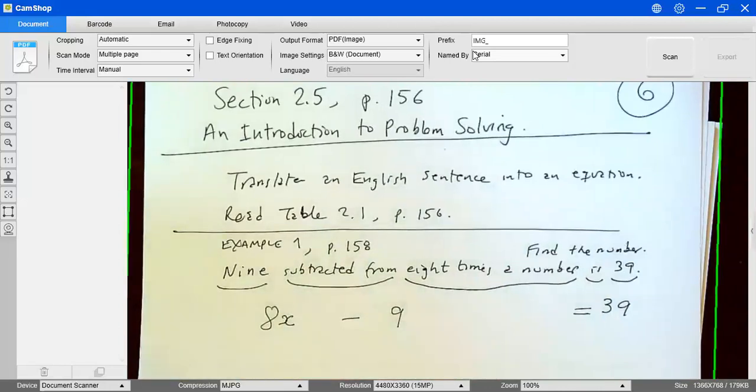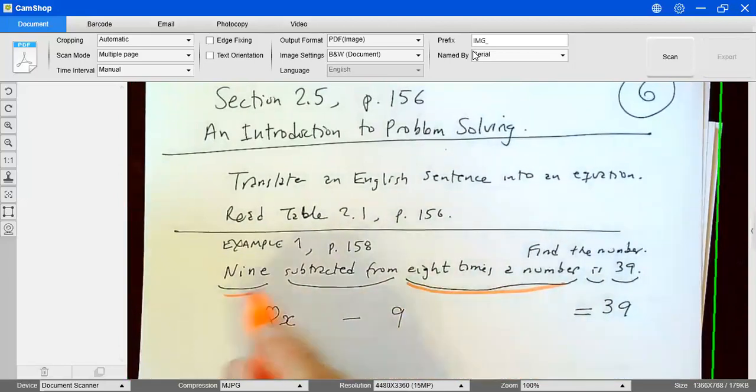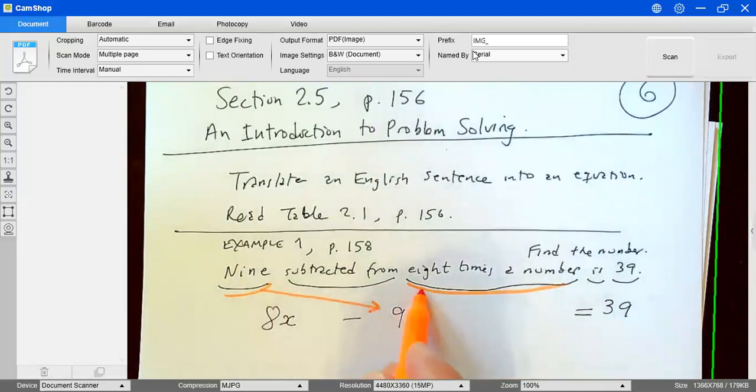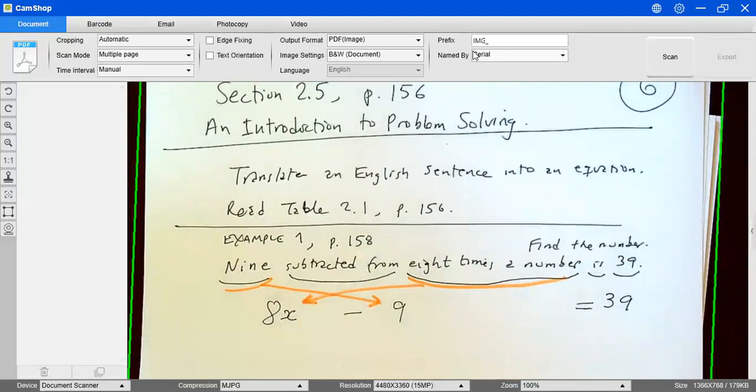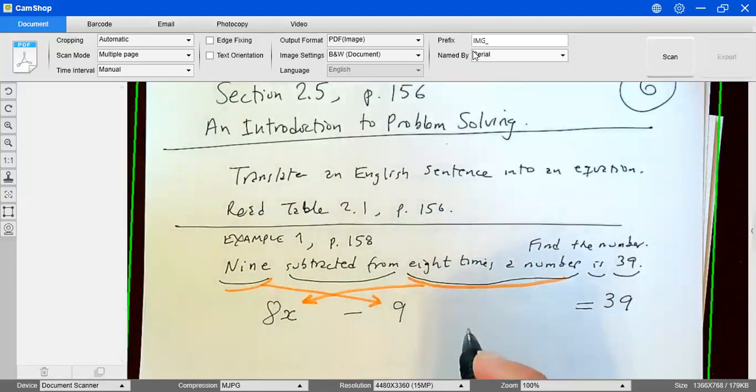So be careful about the order when you are dealing with differences. So read carefully.